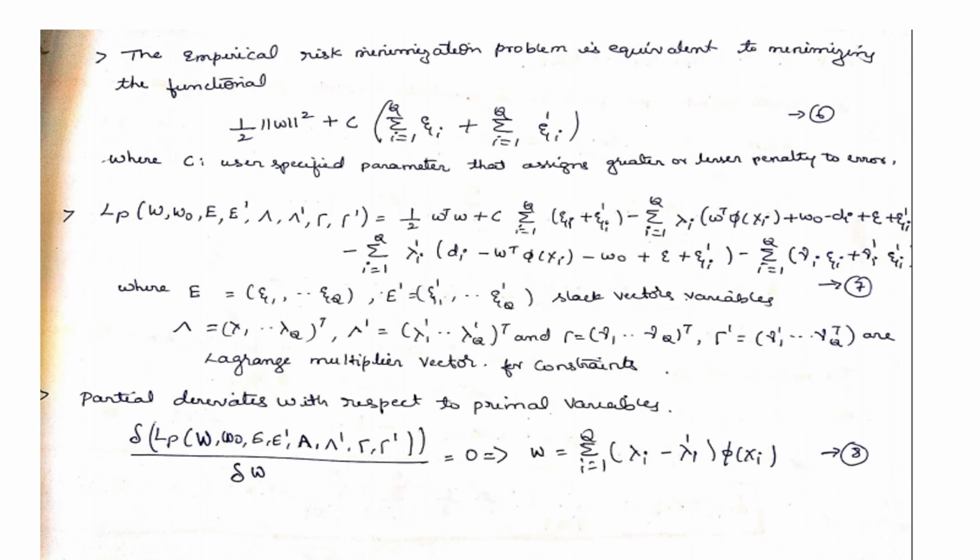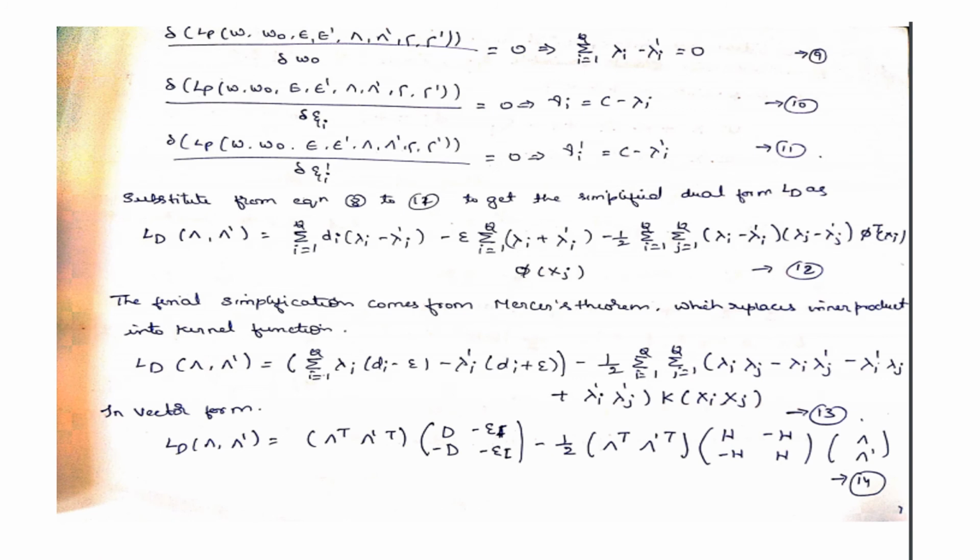We obtain that w equals summation i equal to 1 to q of (lambda i minus lambda i prime) phi of xi, and with respect to w naught it reduces to summation i equal to 1 to q of (lambda i minus lambda i prime) equal to 0. With respect to epsilon i, gamma i will be equal to c minus lambda i. With respect to epsilon i prime, gamma i prime will be equal to c minus lambda i prime.